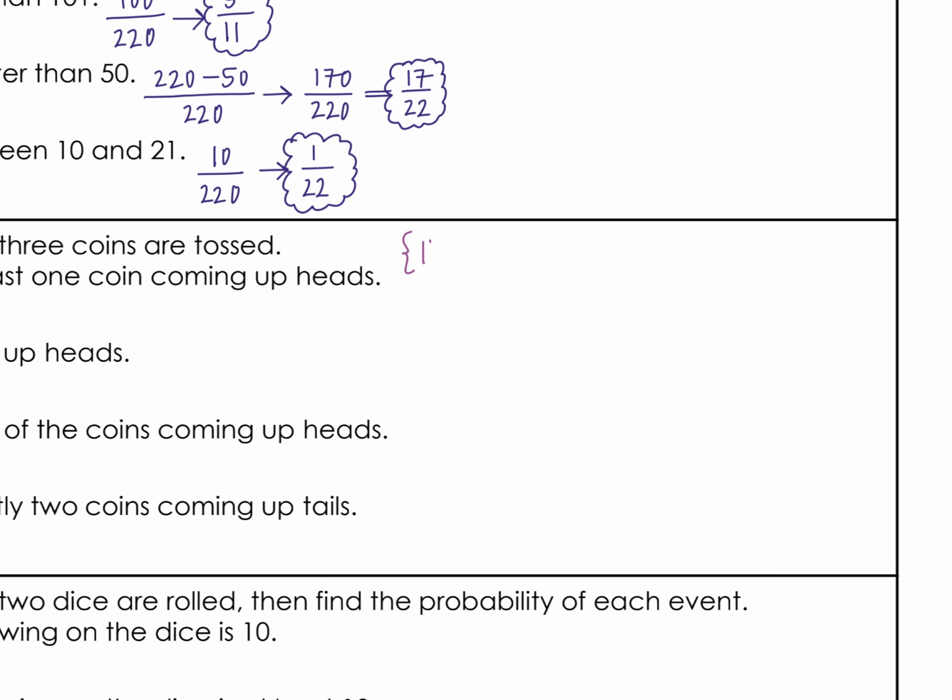We have our obvious ones as all 3 heads or all 3 tails. Then I could do head, head, tail, and tail, tail, head. I could do head, tail, head, or tail, head, tail.